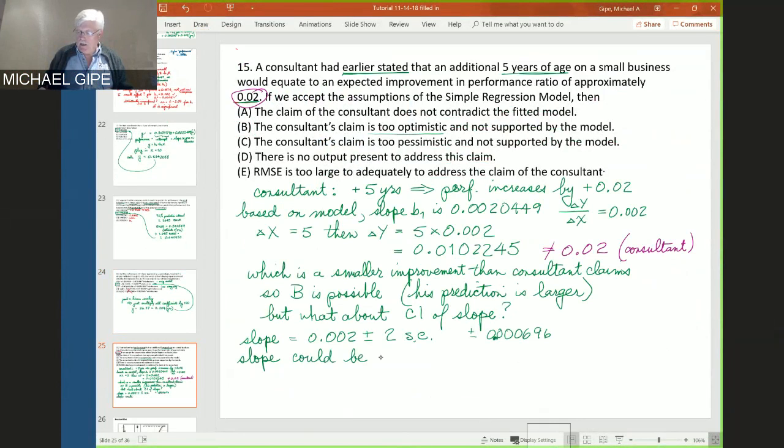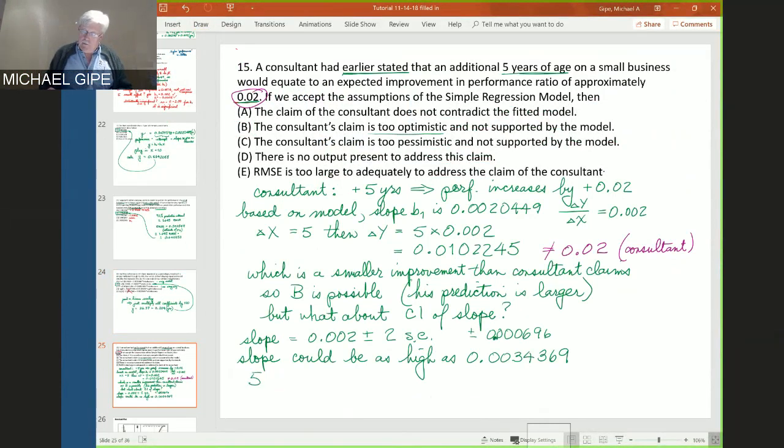So the slope could be as high as 0.0034369. That's 0.002 and change plus 2 times 0.0006 or 0.001, basically 135.